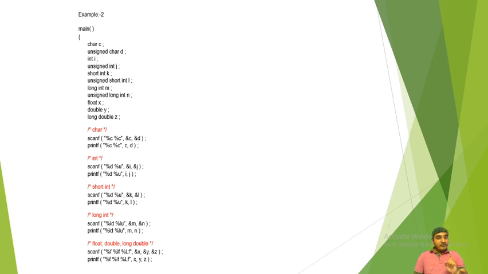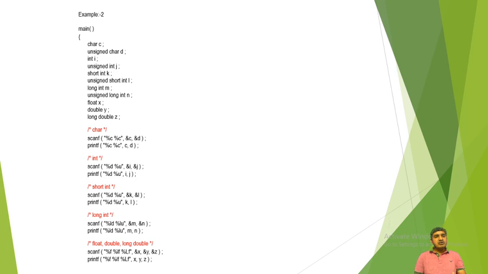For unsigned short integer we use percentage u, and for unsigned integer we also use percentage u. So there is no difference.